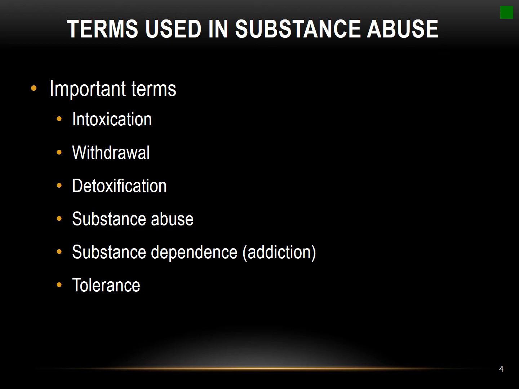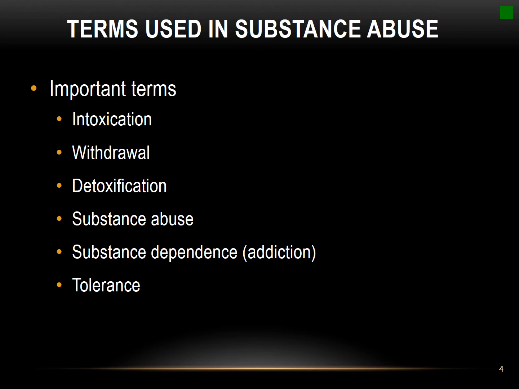Withdrawal symptom is the negative physiological and psychological reaction that occurs when substance use is decreased or eliminated. Detoxification is safely withdrawing from a substance. Substance abuse is the use of a substance in a way that is inconsistent with medical or social norms and despite negative consequences in social, vocational, or legal areas.